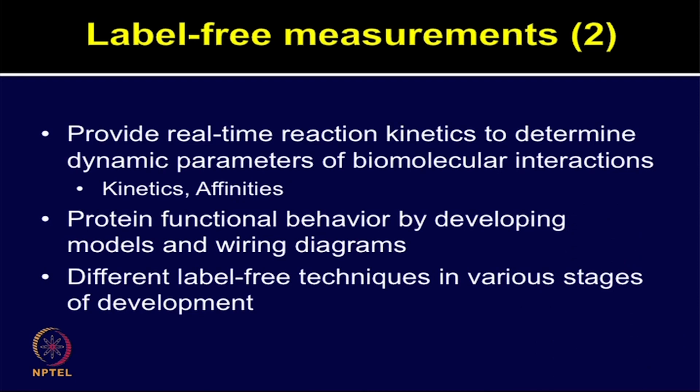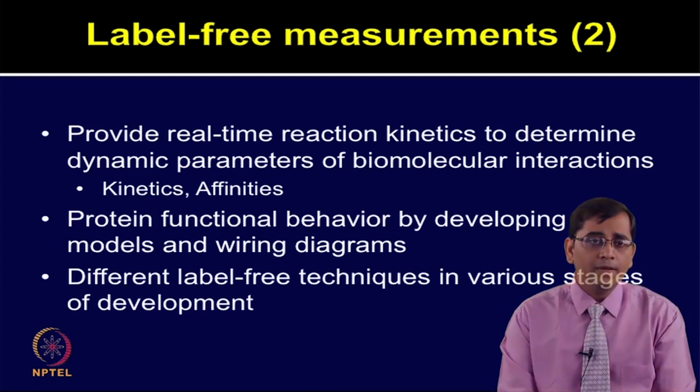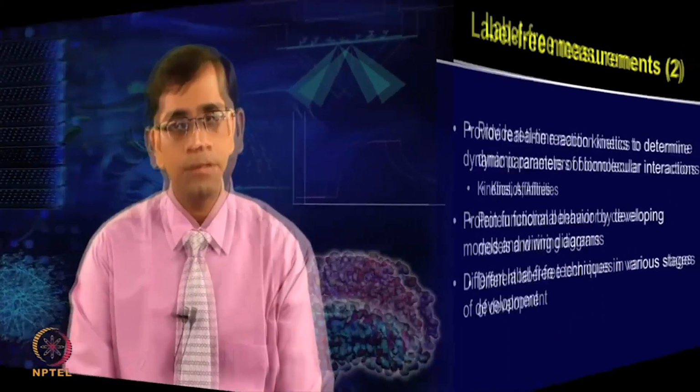Protein function behavior can also be studied by developing models and wiring diagrams once you have obtained the kinetic parameters from these experiments, which is not possible by label based methods. There are different kinds of label free techniques, which are currently at various stages of development.